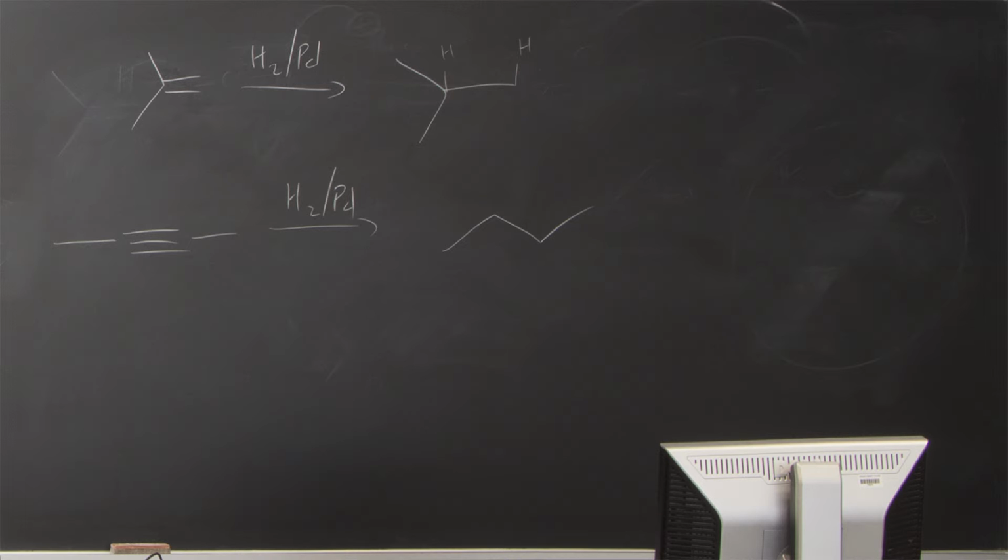Well, if we do that with an alkyne, we're going to see exactly the same thing. I'm going to go with a symmetrical alkyne now so we can at least look at it along the way. There's going to be a reason for that in a moment, you'll understand. But if I just use the same conditions, what I end up with is an alkane. I end up destroying not one but both of the pi bonds and replacing all of those with hydrogens.